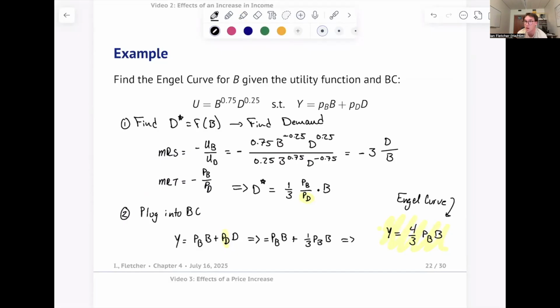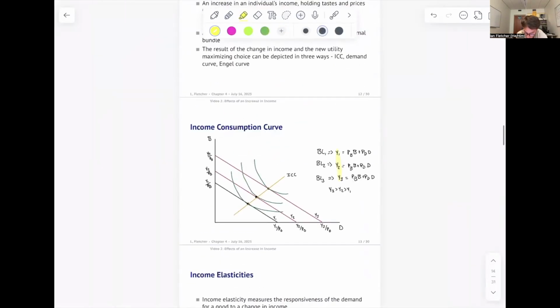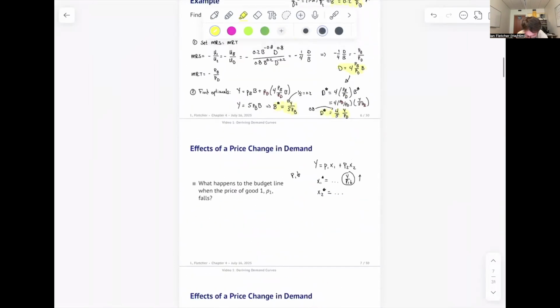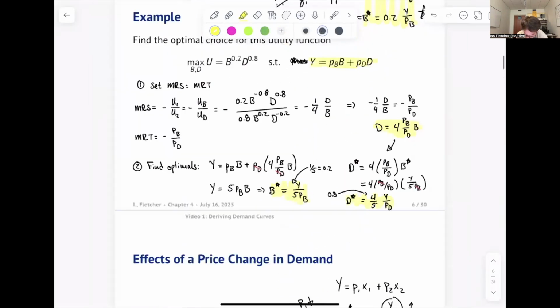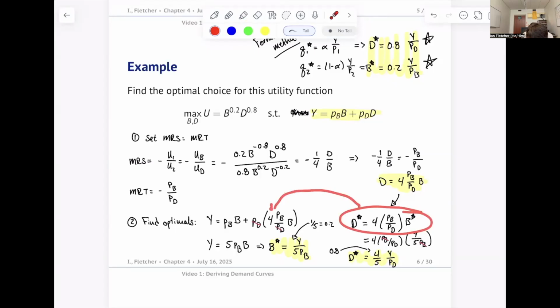So we're going to take a quick recap. If we scroll back up here, when we were finding this curve and we were doing the two things, we plugged this D star here into this budget constraint to find the optimal value.